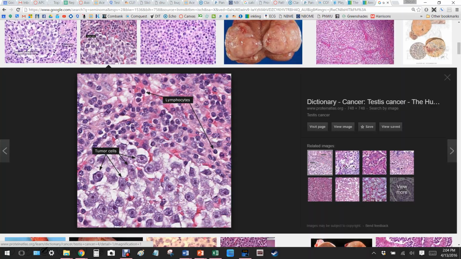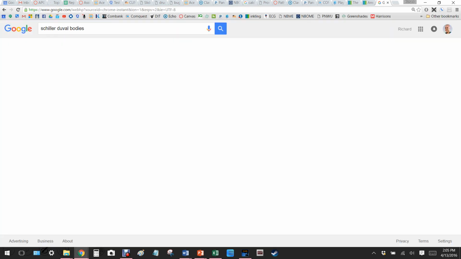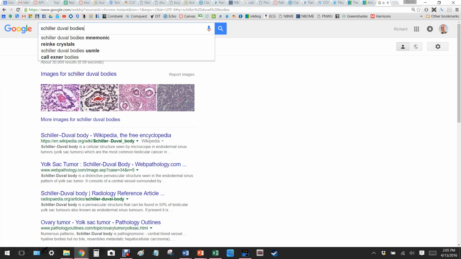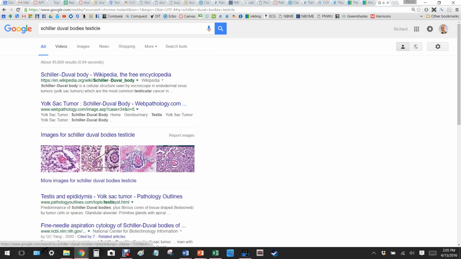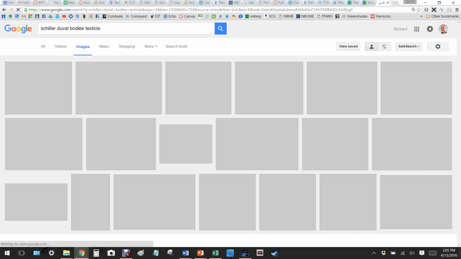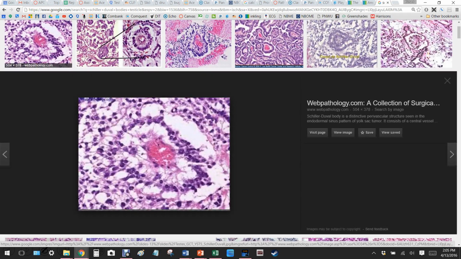And there's something in these ones called Schiller-Duval bodies. I really think we just need to look these up so you can see what they look like. Yeah, there they are. Some people think these look a little bit like a glomerulus, so sometimes they say it's glomerulus-like.